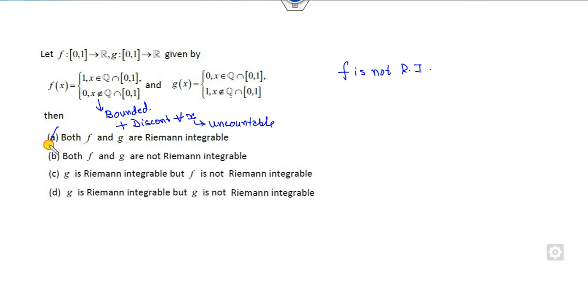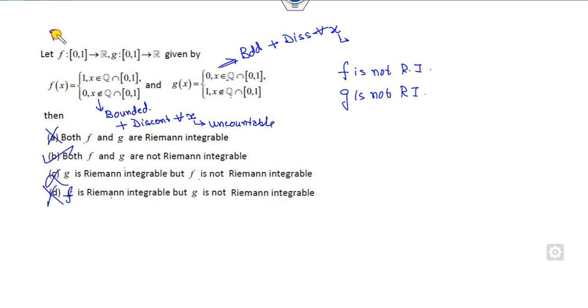So the options saying f is integrable are cancelled. Now look at g. Again, g is bounded, and it is discontinuous for all x, which is uncountable. So g is also not Riemann integrable. So both are not Riemann integrable is the right answer of the problem.